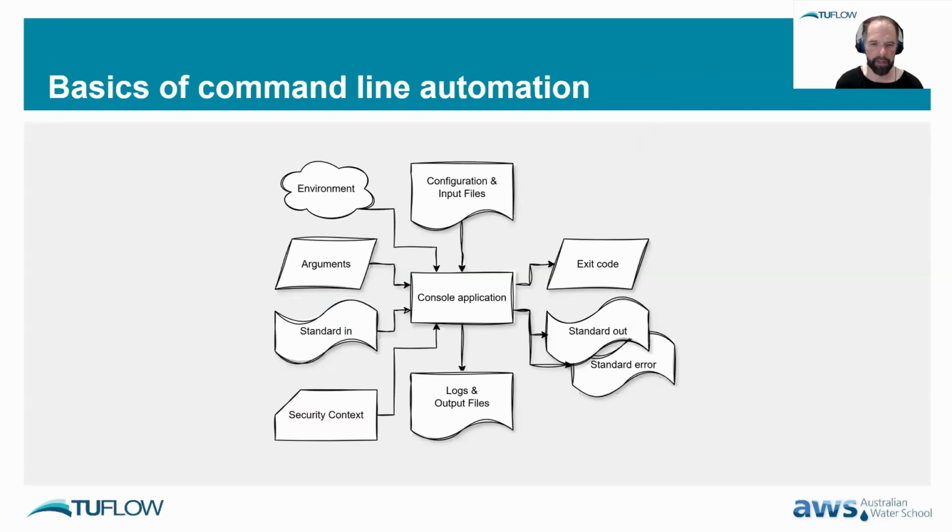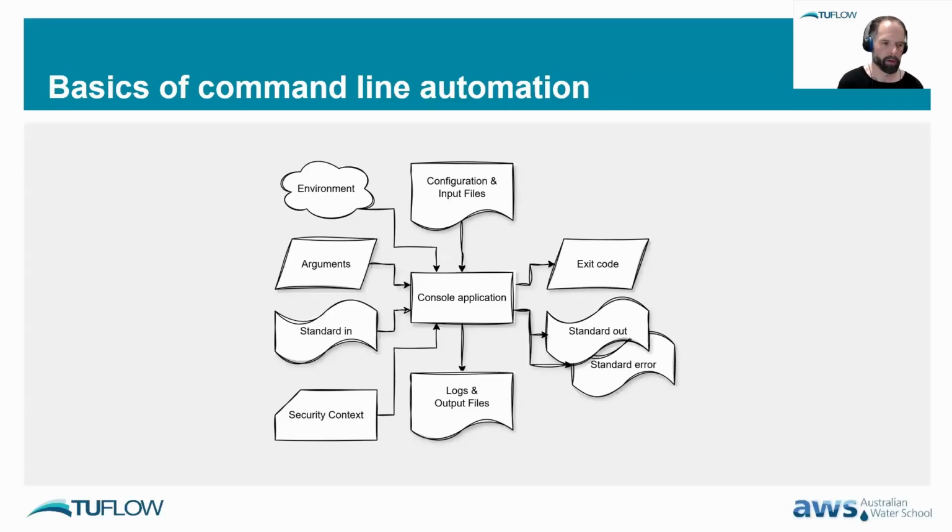All right. This diagram was in the previous presentation as well, except for the two bubbles, environment and security context. So I'll start with those. Won't rest on it too long. But I'll just say that the console application is really at the heart of automation. Shells, I'll talk a little bit more about those.